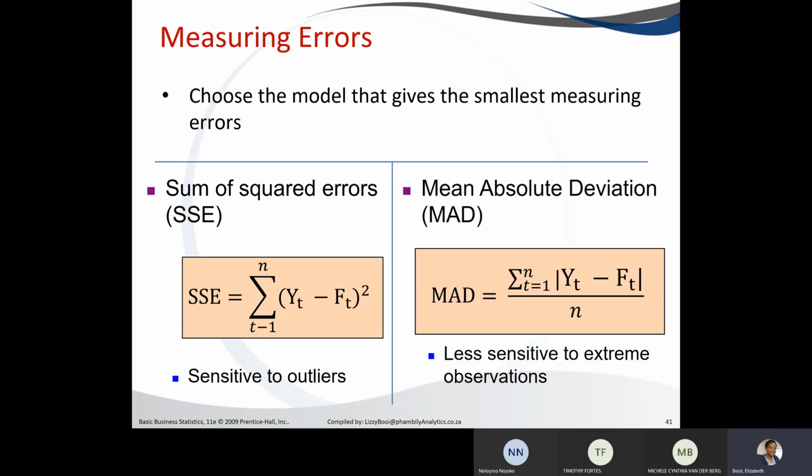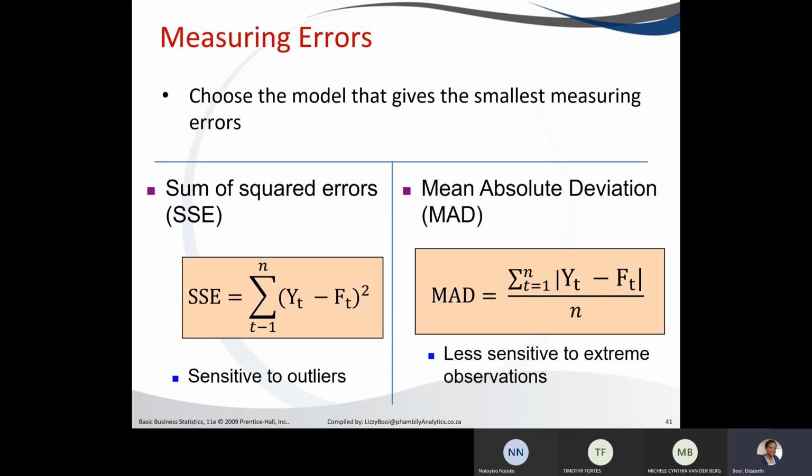The other measure that we can use to choose the best model is what we call the mean absolute deviation. With the mean absolute deviation, we convert everything: if it was going to be a negative value, we make sure that it becomes positive. And we also take the average of those values, because this is your mean, meaning the average.